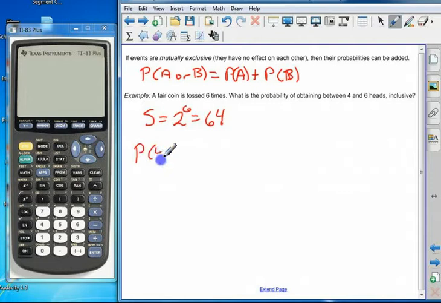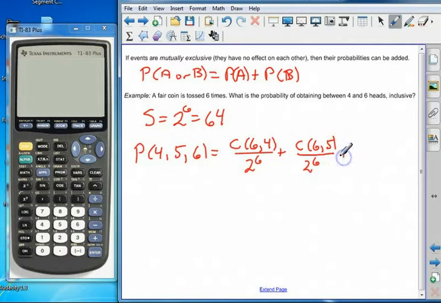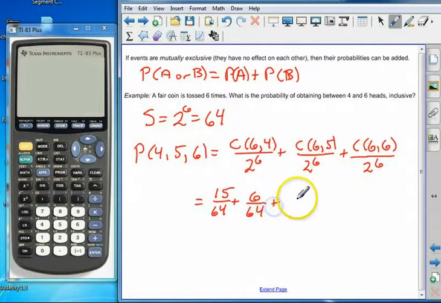So the probability of getting 4 or a 5 or a 6 is equal to the number of ways we can get 6 choose 4 divided by 2 to the 6th plus 6 choose 5 divided by 2 to the 6th plus 6 choose 6 divided by 2 to the 6th, which is equal to 15 over 64 plus 6 over 64 plus 1 over 64, and that works out to 22 over 64.